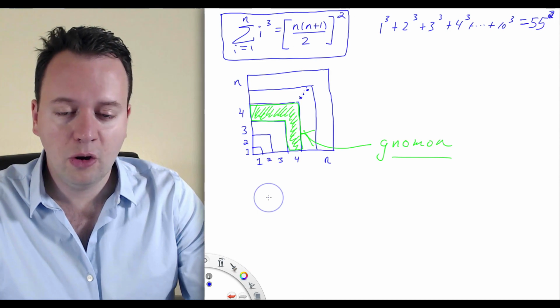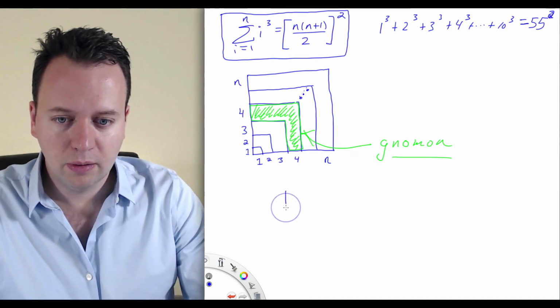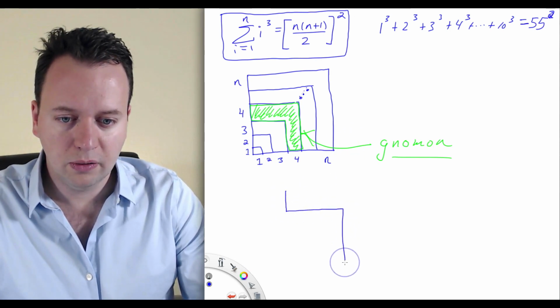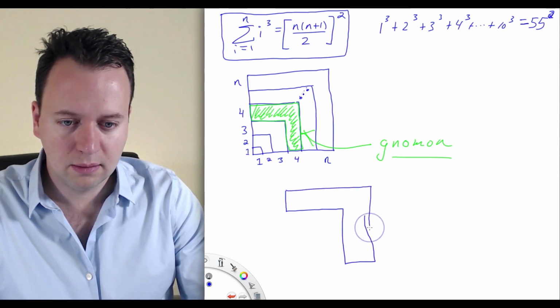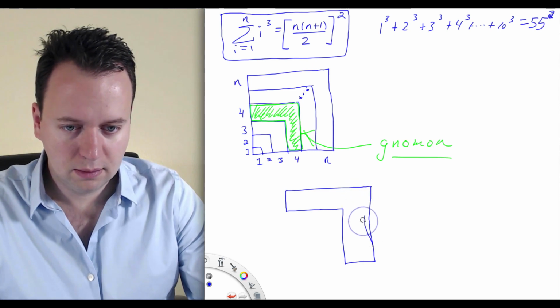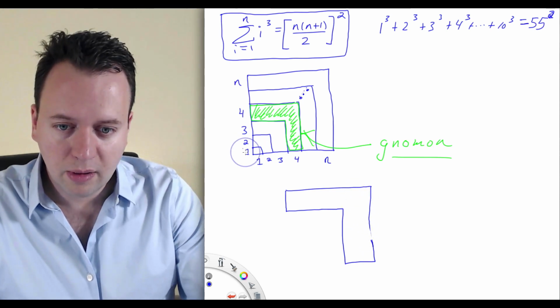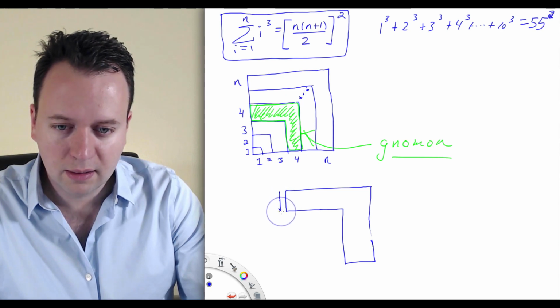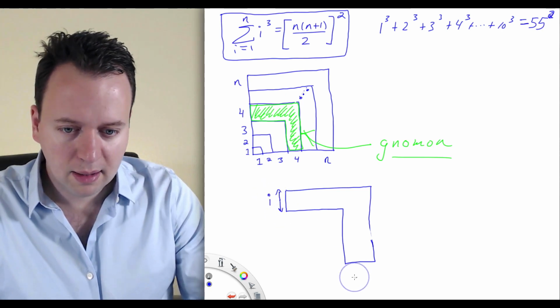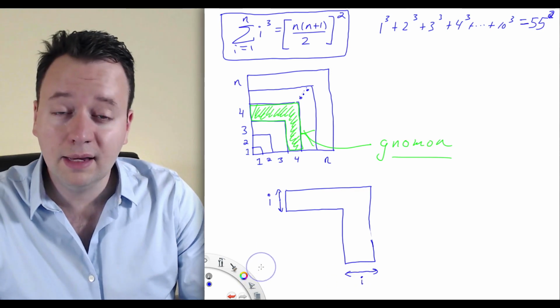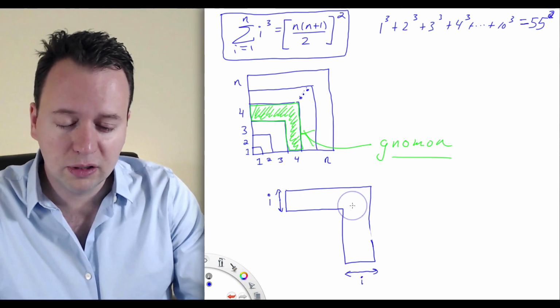So the ith gnomon is going to be a shape that looks like this. Right. And the length over here is going to be i, and the length on this side is also going to equal i. And the idea is to show that the area is just i cubed.